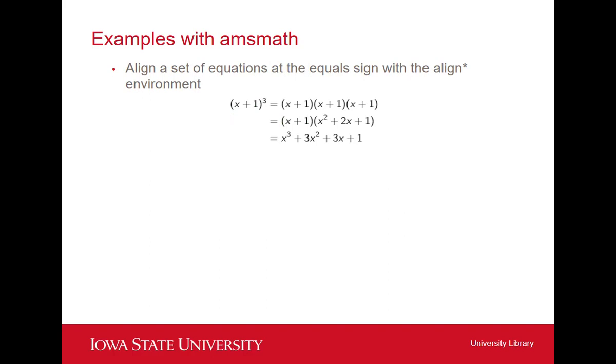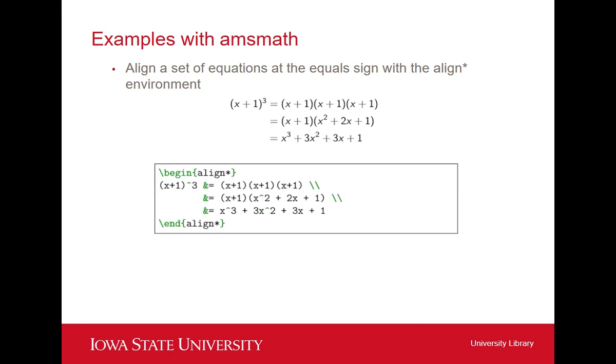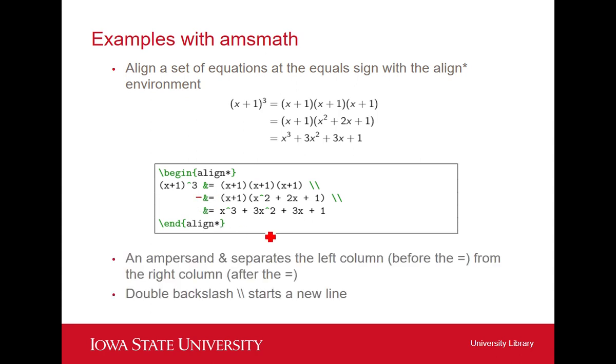Another thing AMS Math allows you to do is align a set of equations at the equal sign using the align star environment. This one is a little trickier because it depends on some other stuff within there. You have to specify the ampersand, which will tell you where you want everything to line up. The ampersand separates the left column from the right column.